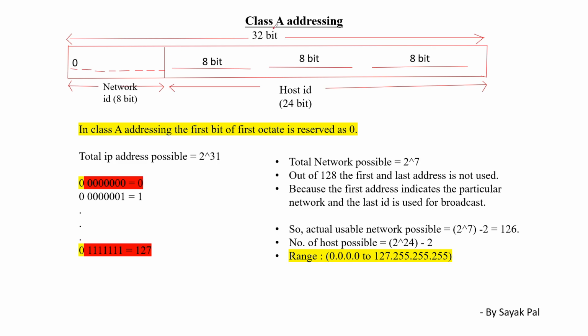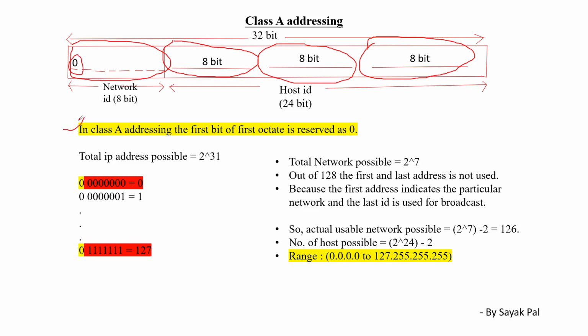So an IP address is nothing but 32 bits. If we divide these 32 bits into 4 octets, these are the 4 octets: 1, 2, 3, and 4. Each octet is 8 bits. In class A IP addressing, the first bit of the first octet is reserved as 0.